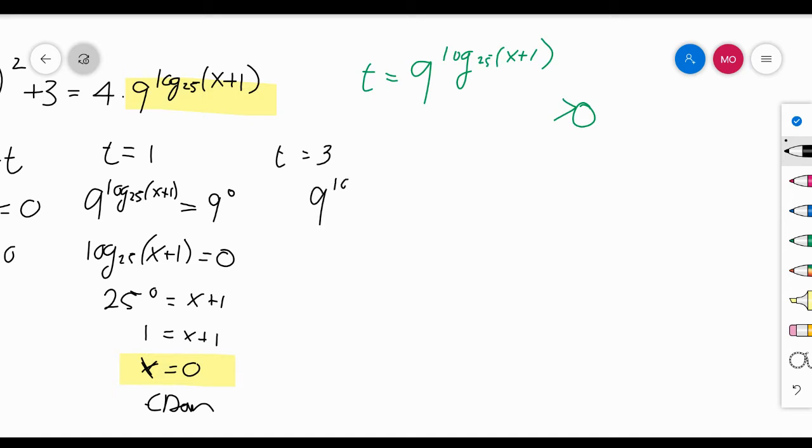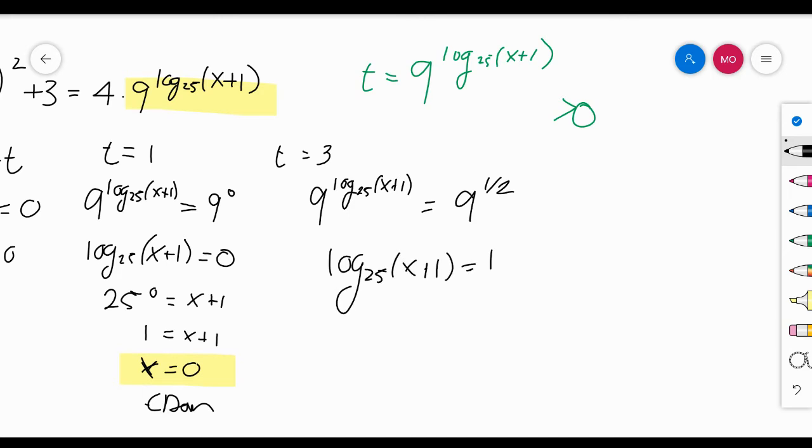So 9 to the power of log base 25 of x plus 1 equals 3. 3 is the same as 9 to the power of 1/2. Meaning that log base 25 of x plus 1 is going to be equal to 1/2.